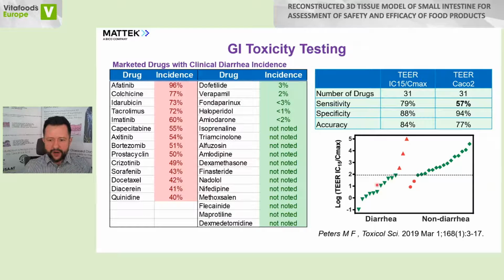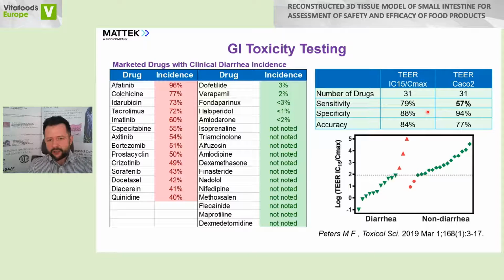All of the drugs for which this parameter was below 2 were causing diarrhea, while all the drugs which are not causing diarrhea had this parameter above 2, up to about 80. This is a logarithmic scale, which was pretty nice. We had pretty nice sensitivity and specificity.